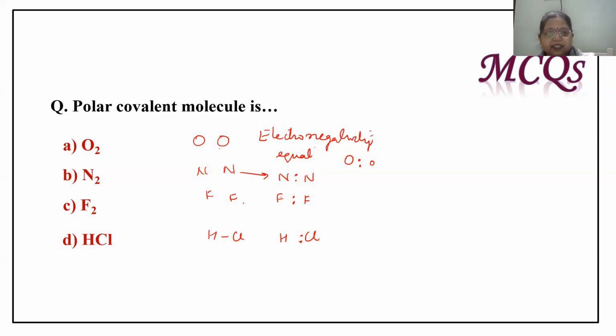Is there still any doubt in the concepts of polar and non-polar covalent bonds? Shweta, do you have any doubt in the answer, or is something not so clear for polar and non-polar? No, ma'am. But then what took you so long to answer the question? She's confused.